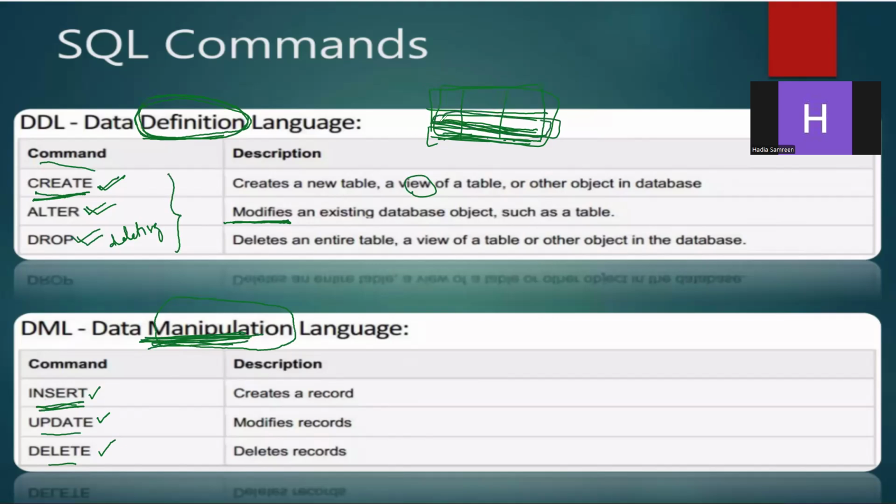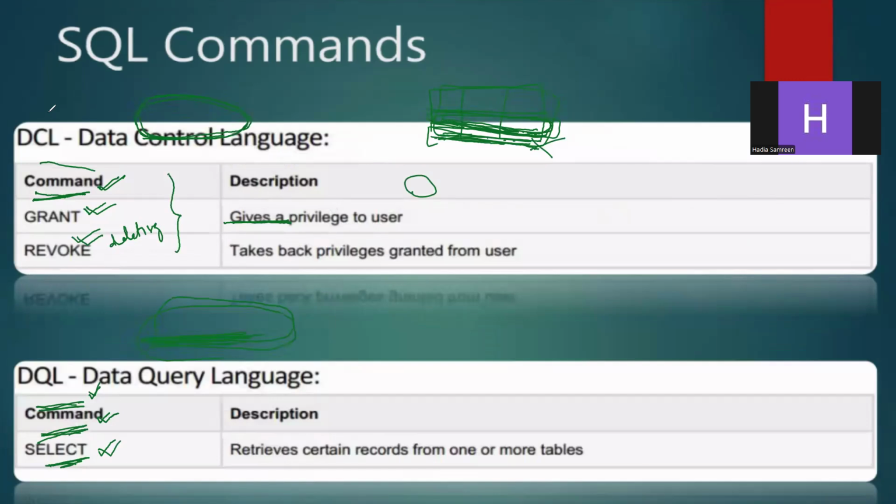Majorly, we insert a record. Record means a row, and we can even update the record, that means we can modify the record using the update command, and we can even delete a record by using which command? The delete command. So this is a bit about data manipulation language.